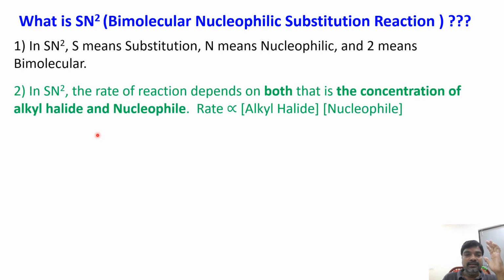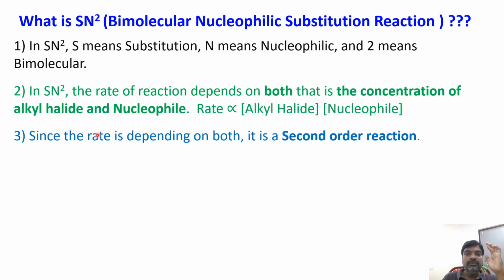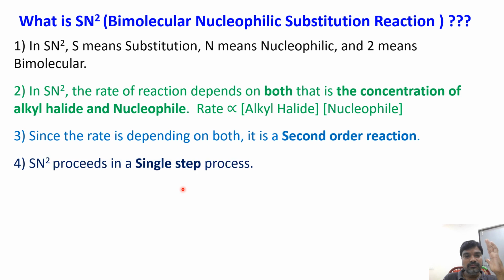The second point is that in SN2, the rate of reaction depends on both the alkyl halide as well as the nucleophile. Therefore, the rate is directly proportional to the alkyl halide as well as the nucleophile concentration. So the rate depends on two factors. It is a second order reaction.